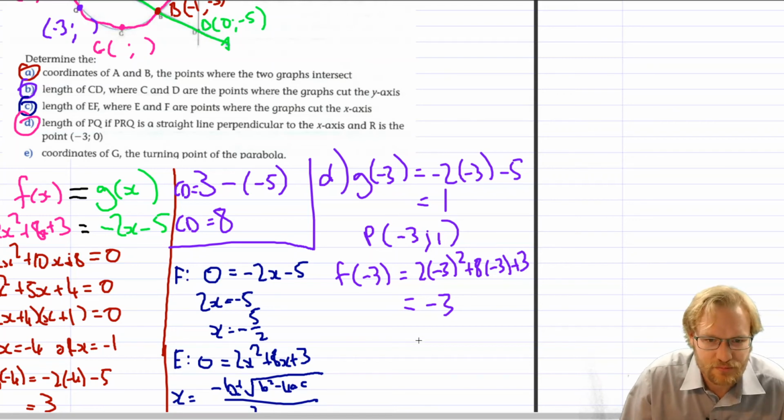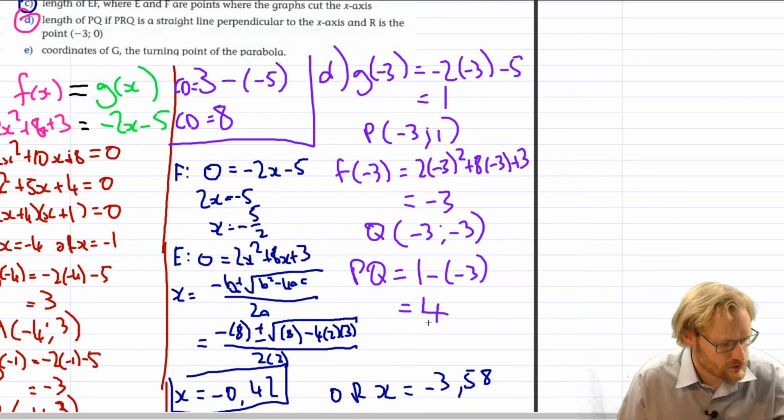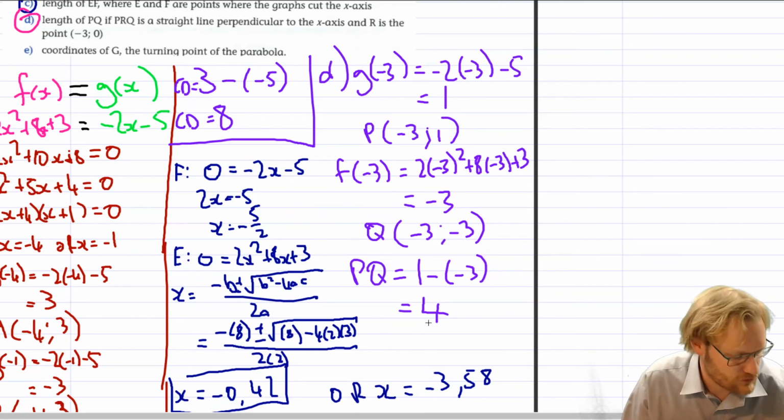Cool. So in other words, we've worked out that point Q is minus 3, minus 3. Therefore, PQ is 1 minus minus 3 equals 4. Cool. So we got 4 units for that one.